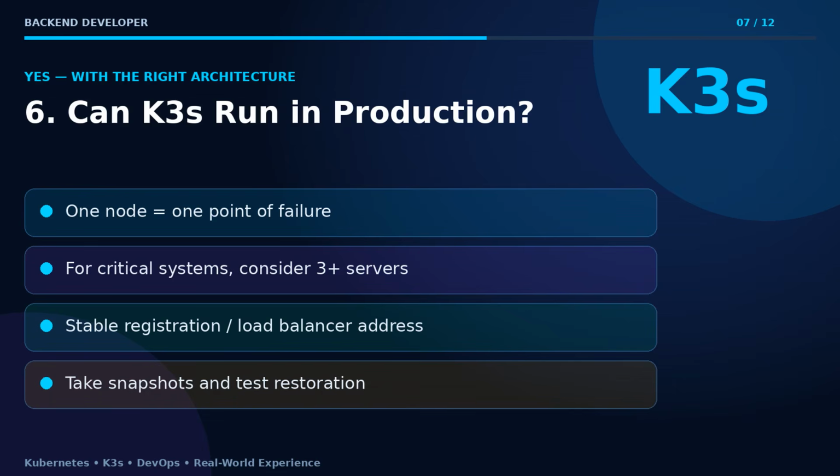If it stops, both the cluster and the applications become unavailable. For critical systems, consider at least 3 server nodes, a stable registration or load balancer address, regular data store snapshots, and tested restoration procedures. High availability is not achieved by simply setting the application replica count to 3.